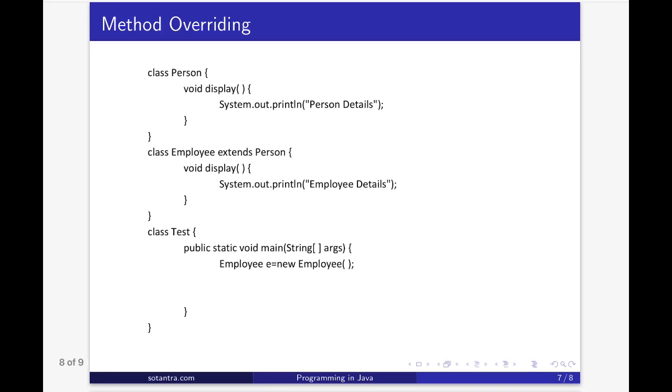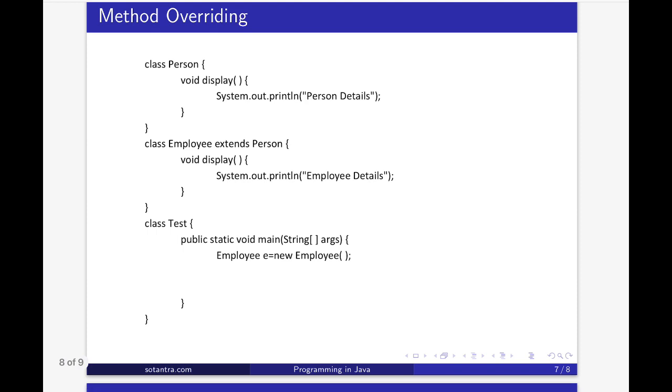Now consider this program. We have one class person similar to the previous one, and here the name of the method is display instead of display person. Similarly we have the employee class, a subclass of person, and here also the name of the method is display instead of display employee.